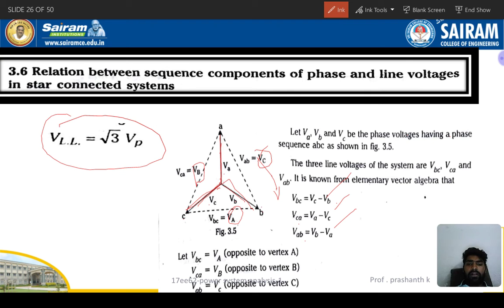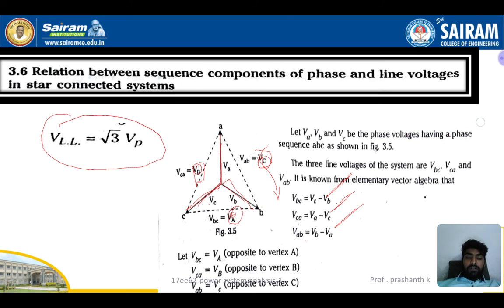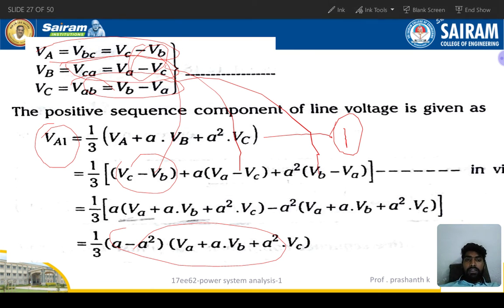The voltage across BC is VC minus VB, the voltage across CA is VA minus VC, and VAB is equal to VB minus VA. For derivation purposes I rewrote these in terms of VA, VB, and VC.